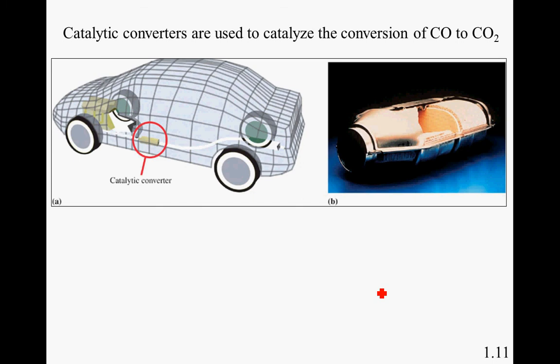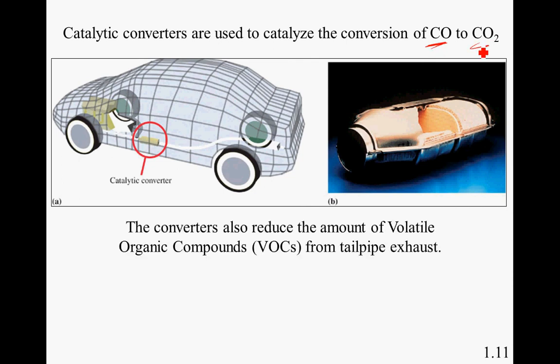Luckily, since the use of catalytic converters, we've actually been able to take some of the pollutants out of the air. For instance, catalytic converters convert carbon monoxide, which is poisonous, over to carbon dioxide. They also reduce the volatile organic compounds from the tailpipes.